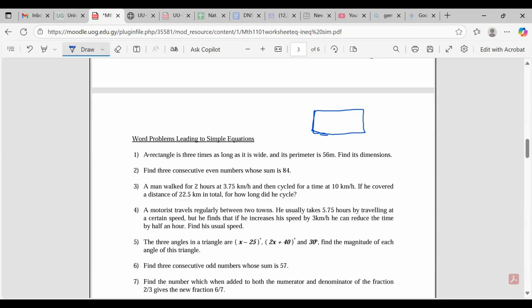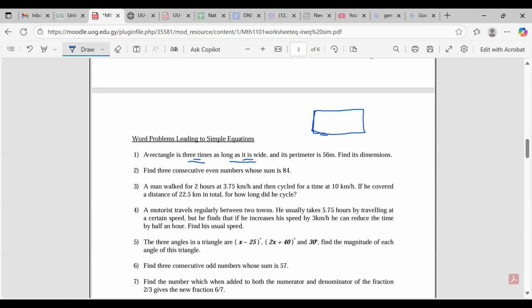It's talking about the rectangle is 3 times as long as it is wide. Now, what you want to do now is read meaning into what do these things mean mathematically, right? So it says that the rectangle is 3 times as long as it is wide. You have to interpret that now in mathematical terms, right?